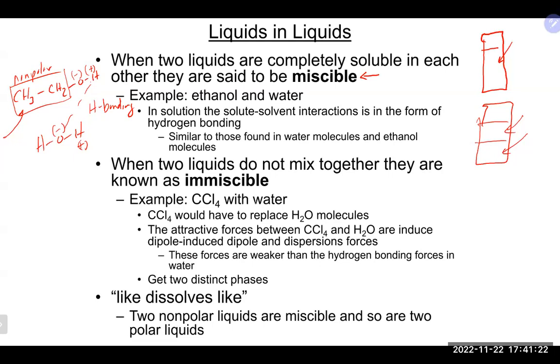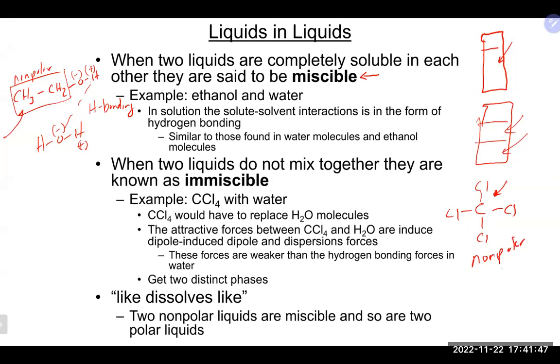Something like carbon tetrachloride, which is CCl4, in water, they have a really hard time working with each other. If we quickly sketch carbon tetrachloride, it looks something like this without all the non-bonding electrons. We remember from our bonding days, there is a symmetrical geometry, which means this is a nonpolar molecule.